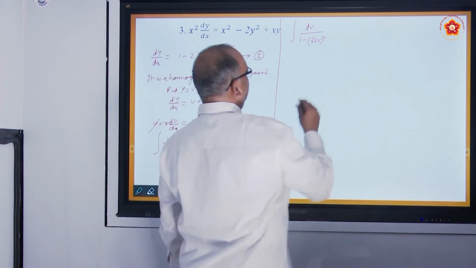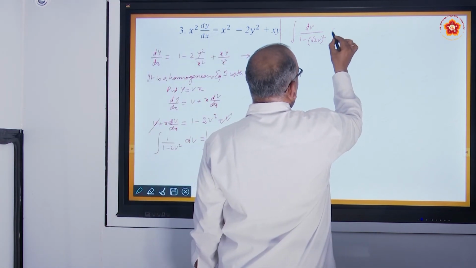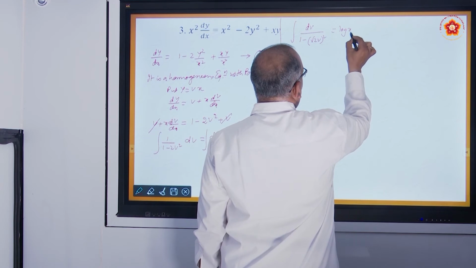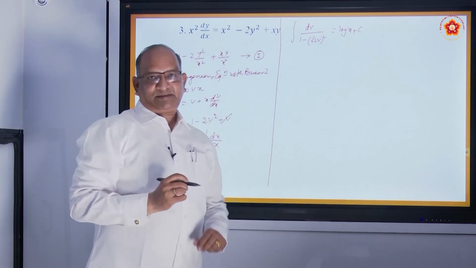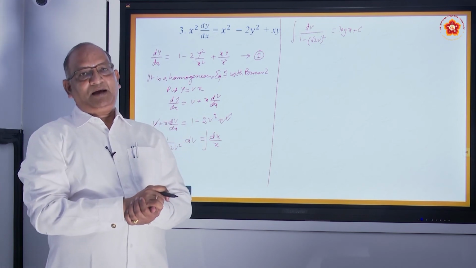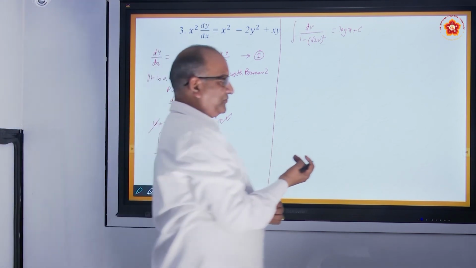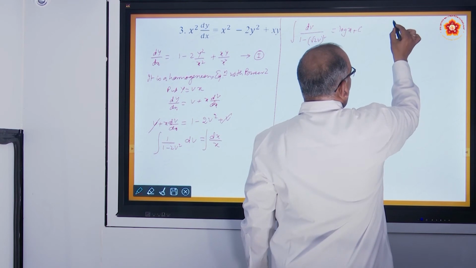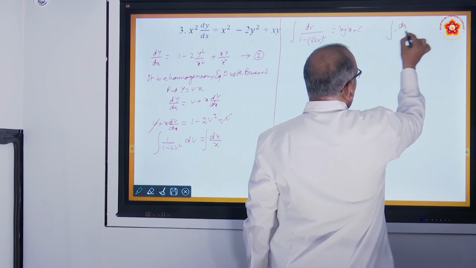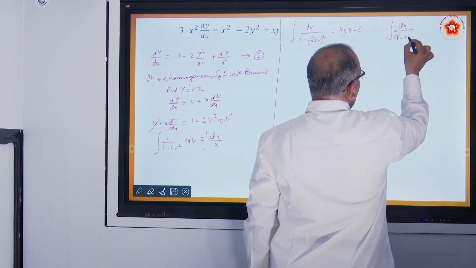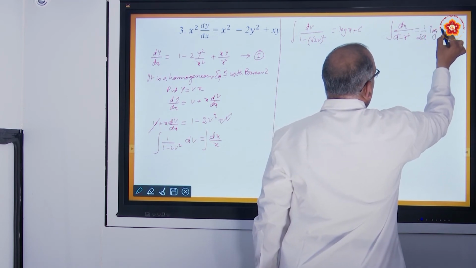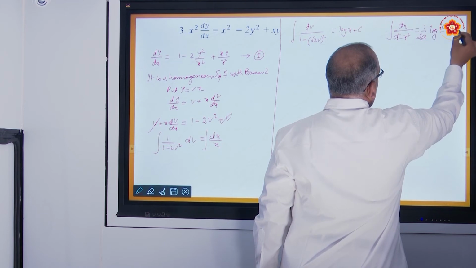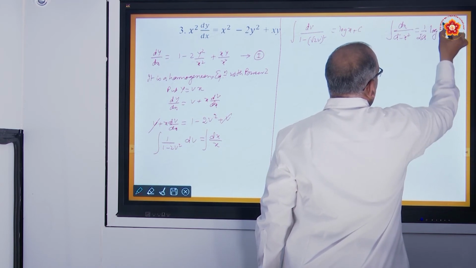Other side is very simple. It is log x plus c. How do you integrate this? Recollect the formula. Integration of dx upon a square minus x square equal to 1 by 2a log a plus x upon a minus x.